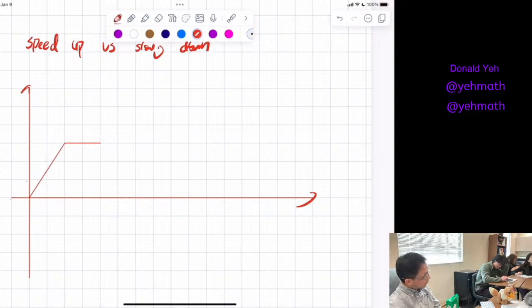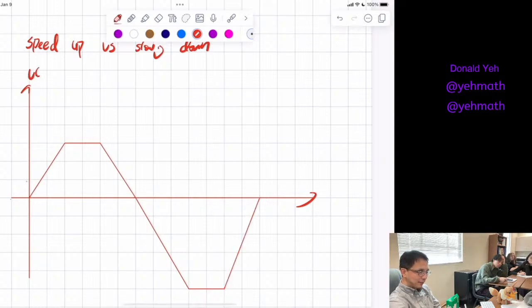Can you walk 3 miles an hour? I'm going to pass out. Your legs. And this is a velocity graph, and this is time.